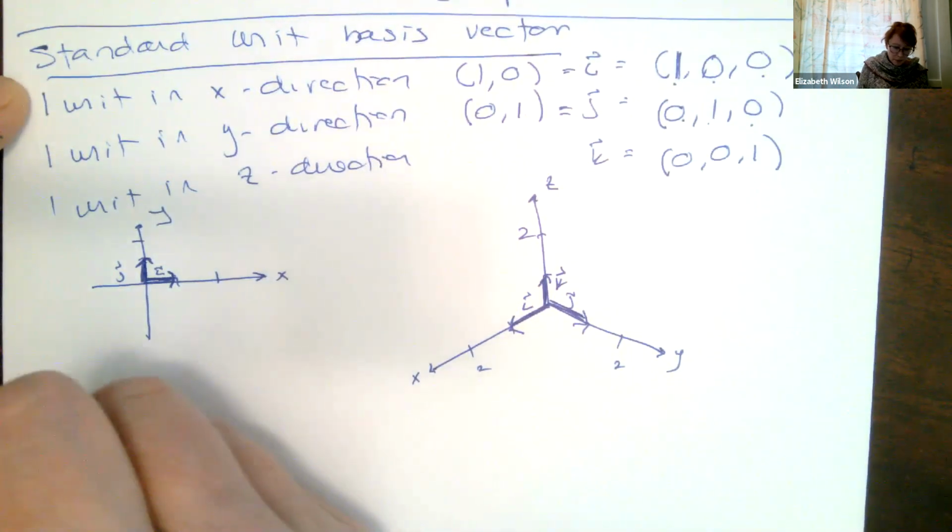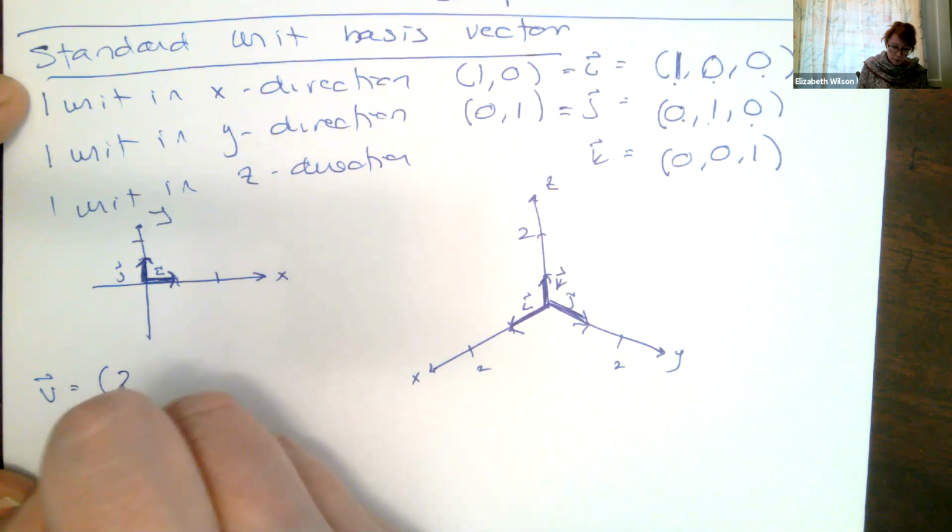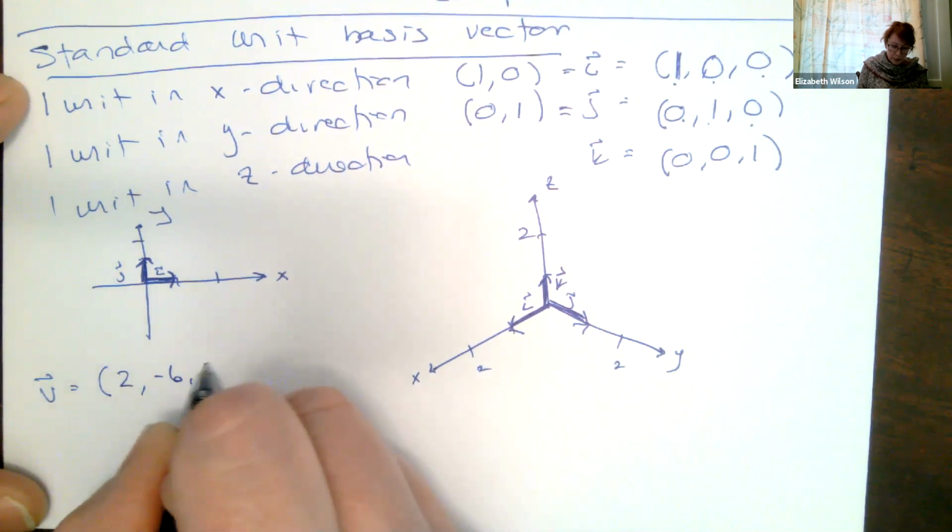So I can say V is equal to, let's call it 2, minus 6, 3.